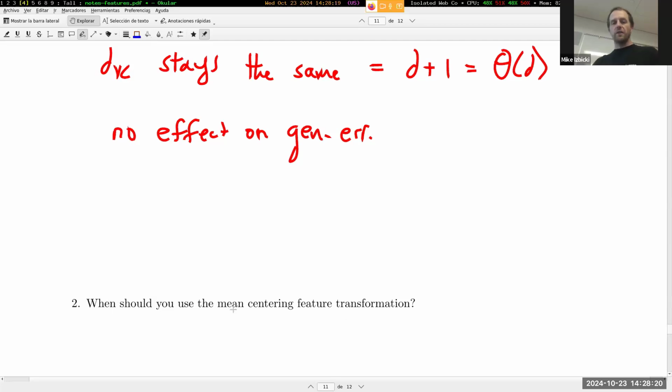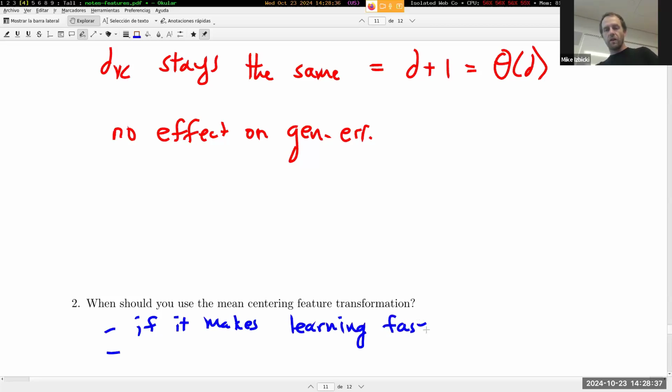So when should we do this mean centering transformation? Two possibilities. The first one that we talked about, again, a long time ago with the PLA, is if it makes the learning faster. This was the only one of the three transformations that I gave you in the notes packet that resulted in the learning being faster for the PLA.